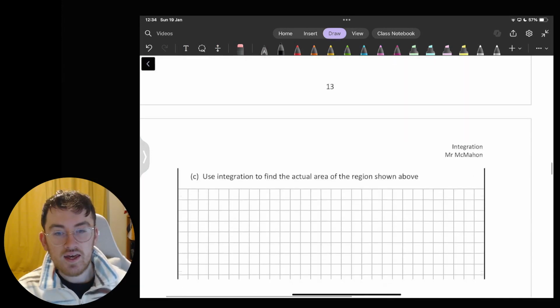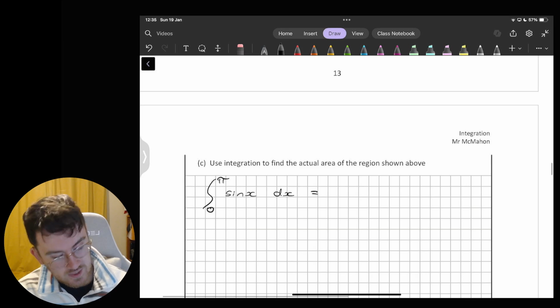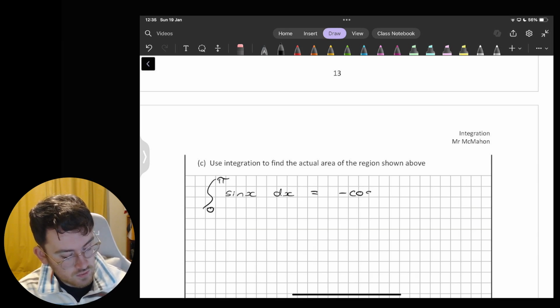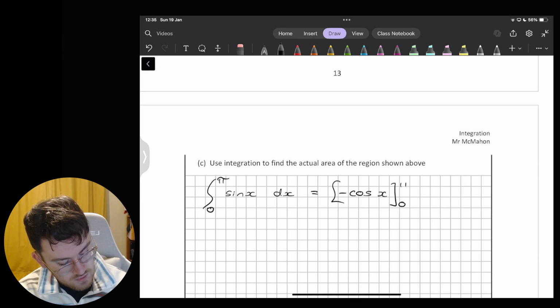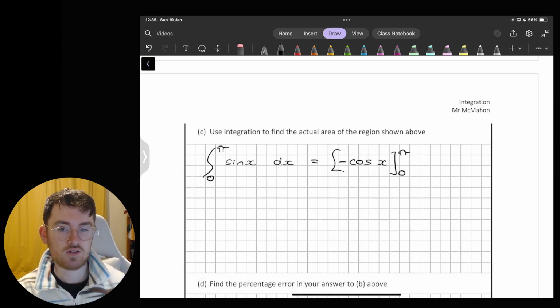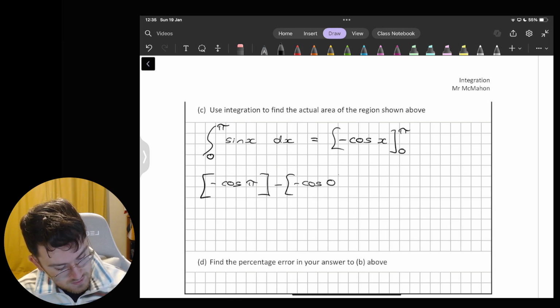Integration next. We are integrating the function sine x dx between 0 and pi. Sine, when we integrate it, goes to minus cosine. That's one of our integral rules, because minus cosine would differentiate to a positive sine value. So I'm now evaluating minus cosine pi minus minus cosine 0.